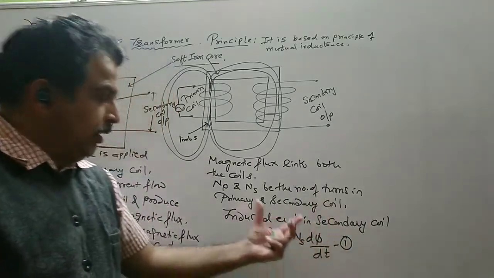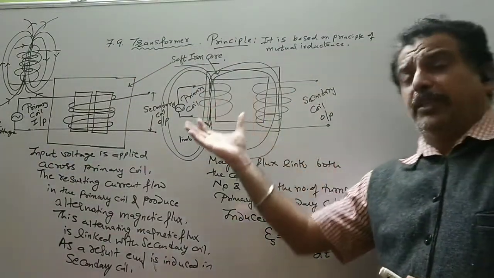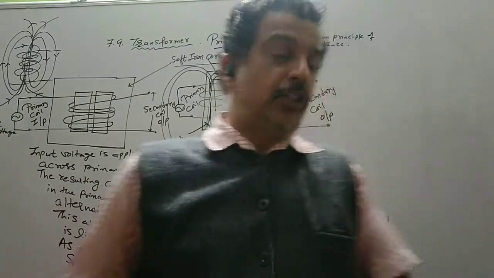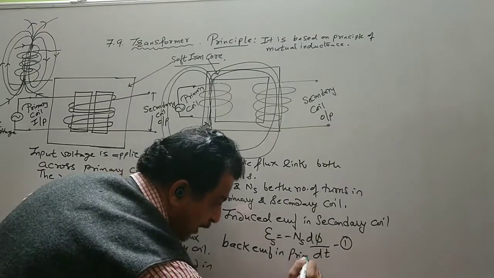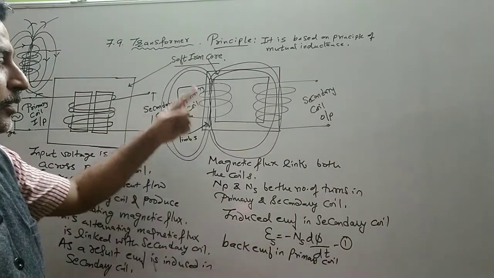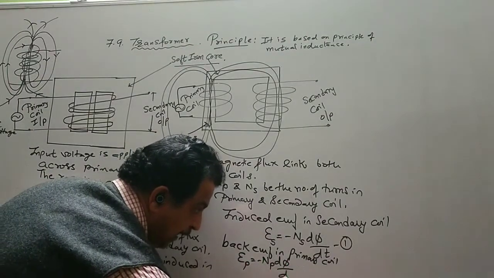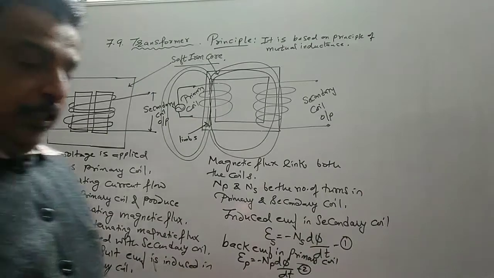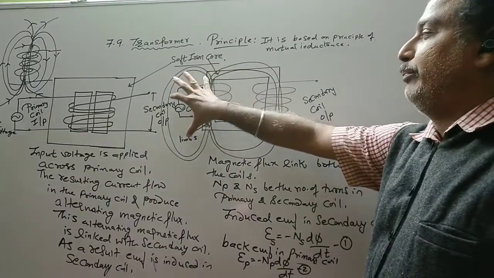Now we also know about self-induced EMF, because the current in the primary coil is increasing and decreasing, so we have the phenomenon of self-induction. So we have the induced EMF in the secondary coil and the back EMF in the primary coil, that is EP is equal to minus NP d phi by dt, assuming there is no loss of the magnetic field lines or magnetic field intensity, or no loss of energy. All the magnetic flux of the primary is linked with the secondary.